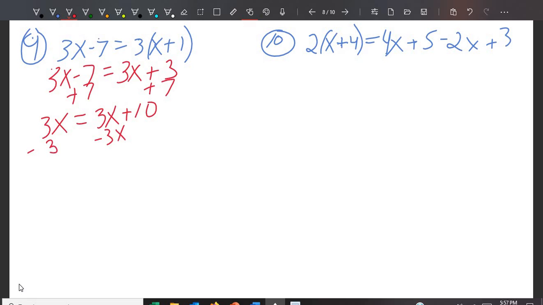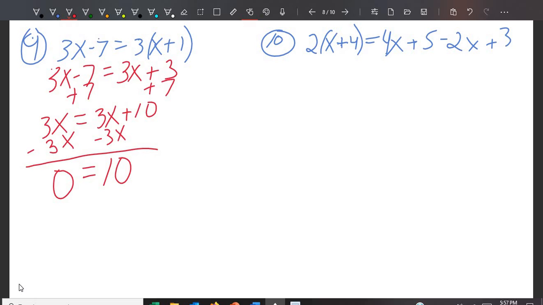Now, some people think when you subtract a number from itself, you're left with an x. When you subtract something from itself, you no longer have it. It equals 0. There's no x involved anymore because you subtracted it from itself. So on the left side, we've got a 0. On the right side, we've got a 10.